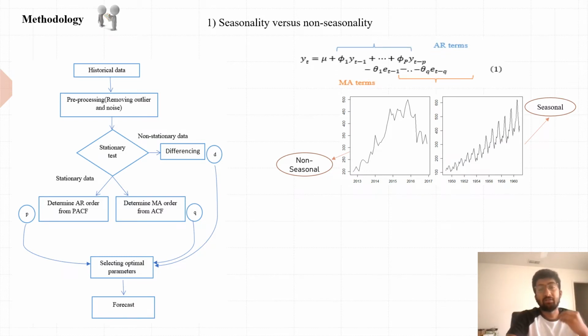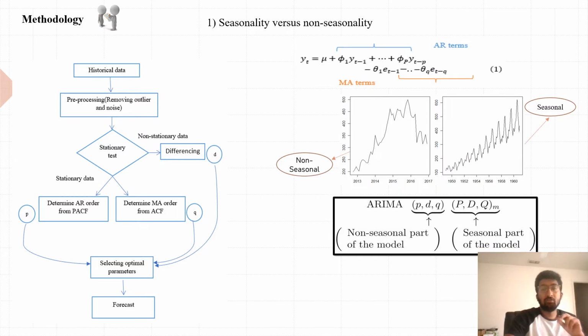The equation for the non-seasonal data is yt equals mu plus AR term plus MA term, that I have already discussed. If the data is seasonal, we multiply with the seasonal part of the model, PDQ and M. If the data is not seasonal, the earlier equation will be followed. So we need to keep seasonality in mind.